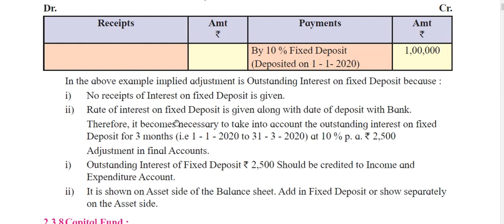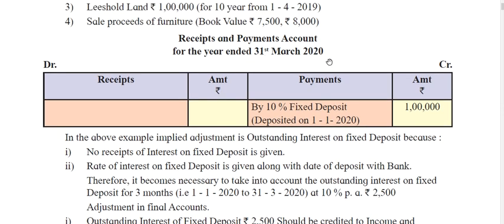The rate of interest on fixed deposit is given along with the date of deposit with bank, that is 1 lakh on 1st Jan 2020, and therefore it becomes necessary to take into account the outstanding interest on fixed deposit for 3 months, that is 1st Jan 2020 to 31st March 2020.